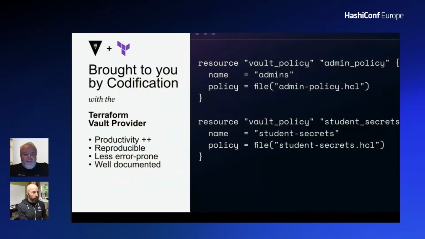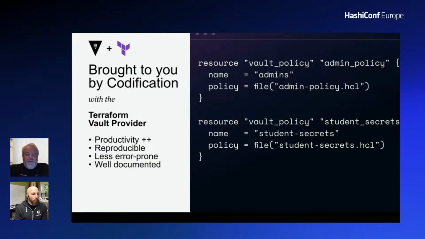So my part is all brought to you by codification, which is a concept whereby you store your configuration for Vault as code. In this case, we're using Terraform with the Vault provider. This gives you a lot of benefits. Number one is increased productivity with respect to deploying Vault.